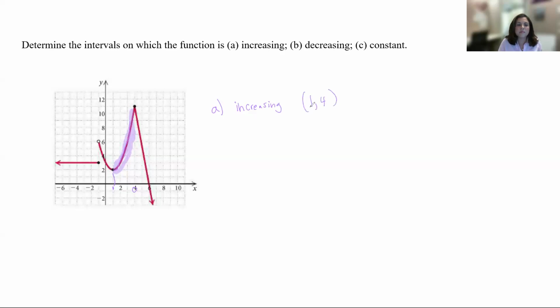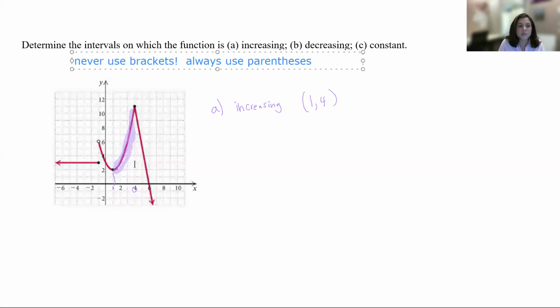Now, some people might see this and say, oh, well, this is a closed circle, so shouldn't we use a bracket? Well, the thing is, we're never going to use brackets when we're describing these intervals. And so I'm going to explain why. It's because we're describing what's happening between those points.